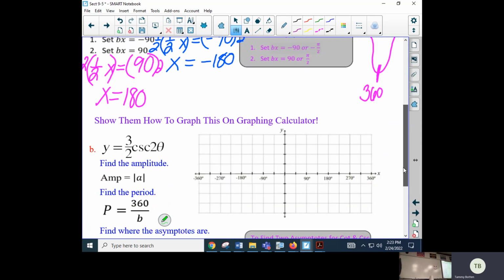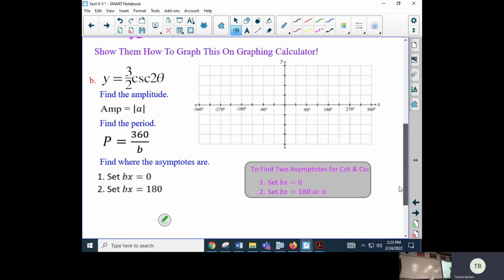Okay? All right, so let's look at this here. The amplitude would be what? No amplitude. We never need an amplitude for this one, actually, it would be none, but the amplitude of your sine would be 3/2, right?